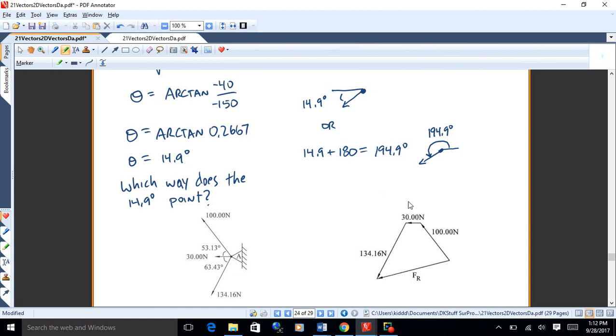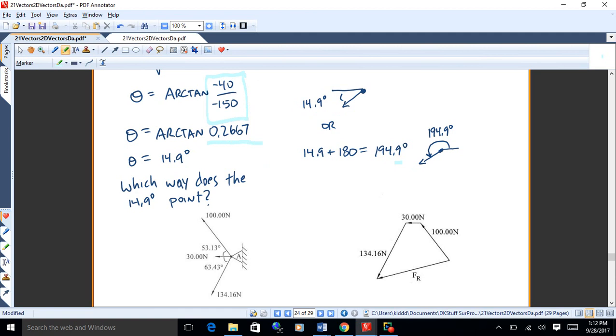Now, I kind of warned you about this earlier on, is that you got to look at the vectors. You see, what happened here is we did the arctan of sum of fx over sum of fy, like this. And what happens in your calculator when you do this, it divides -40 by -150.